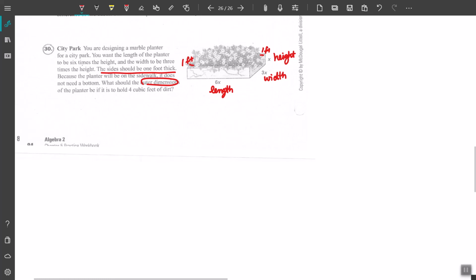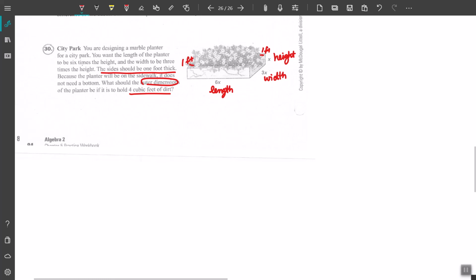But the information they give us is that the planter itself will hold 4 cubic feet of dirt inside of that inner area. All right, so this is really similar to those picture problems we did back in the last chapter. It's just that now we've added the dimension of height, okay? Whereas with the picture, we were just using length and width.